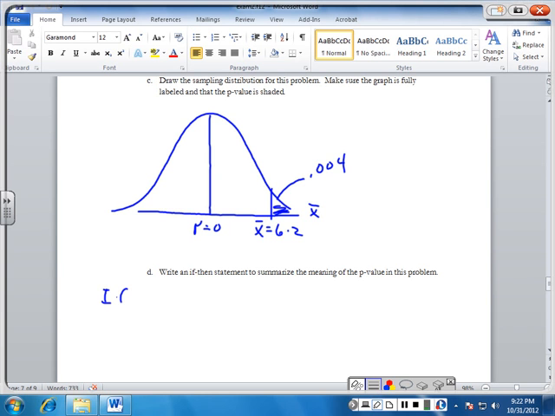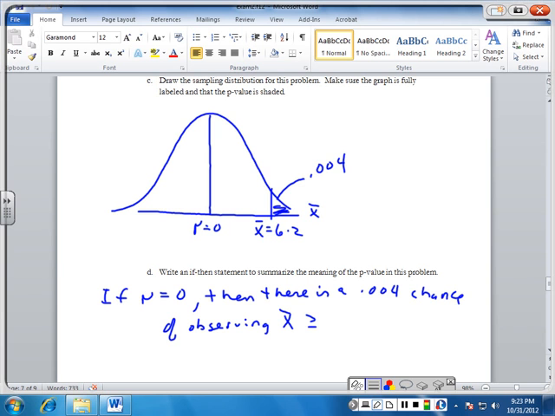So if mu is equal to 0, there's no improvement, then there is a small, 0.004 chance of observing a sample mean of improvements greater than or equal to the 6.2 that we had in this particular sample.